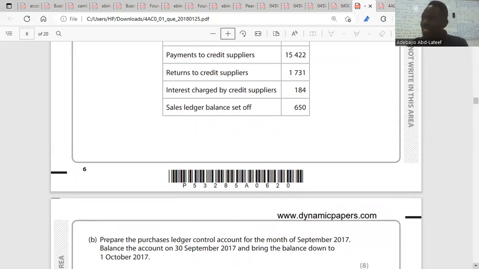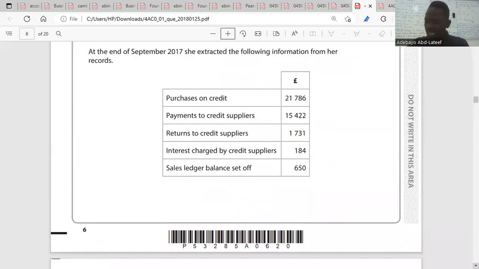Now we go to the debit side. For the debit side, we have our cash book for 15,422. Purchases returns of 1,731. That's returns to credit suppliers. You can see it there, 1,731. Hold on, please. 15,422 plus 1,731.